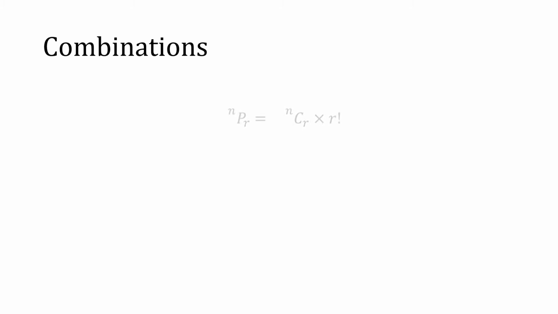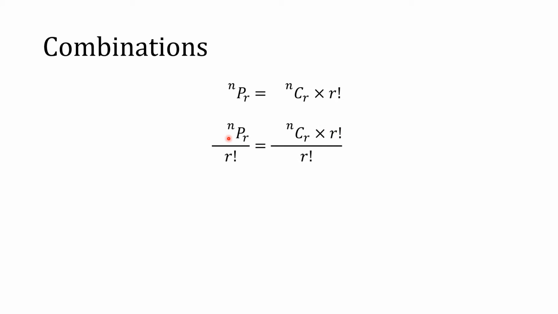To permute r objects from n different objects, we could first select the r objects in the number of combinations of r objects from n different objects, and then arrange these objects in r factorial ways. Dividing r factorial on both sides, we get the number of permutations of r objects from n different objects over r factorial, and the number of combinations of r objects from n different objects times r factorial over r factorial.